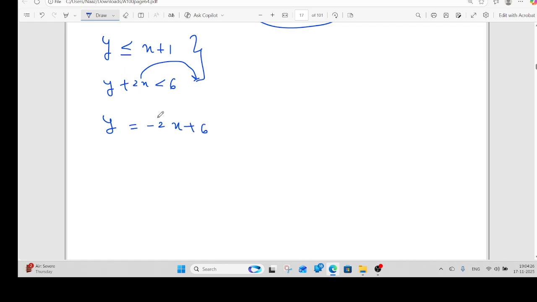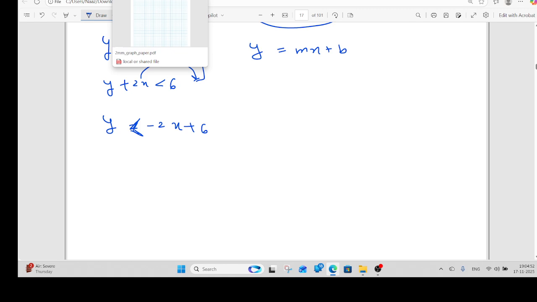When we move it to the other side of the inequality, there is a less than sign, and it becomes negative 2x. Now, to graph it, I can use either the intercept method or the slope-intercept method, because this is in the form y equals mx plus b.